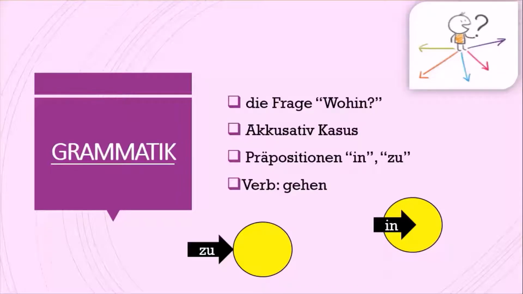But wohin is the question that is only used to describe motion or direction in German, never location. That is why the to in the question is important and the word hin means the to. So wohin therefore means where to.